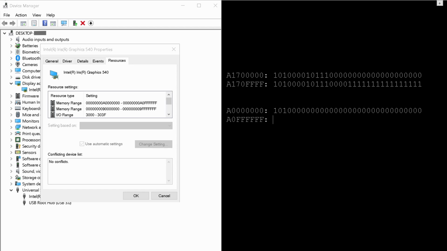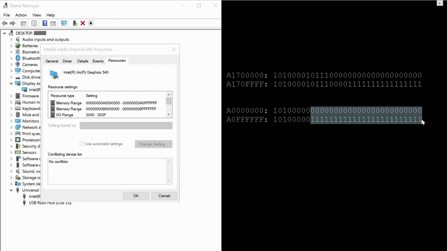So when we convert that to binary, it's 1010, 0000, followed by all of those Fs. And once again, we see that there is a line drawn between where the bits are identifying the device, that's the 10100000, and then everything to the right of that are the address lines identifying the unique memory locations in that memory range for this graphics card.